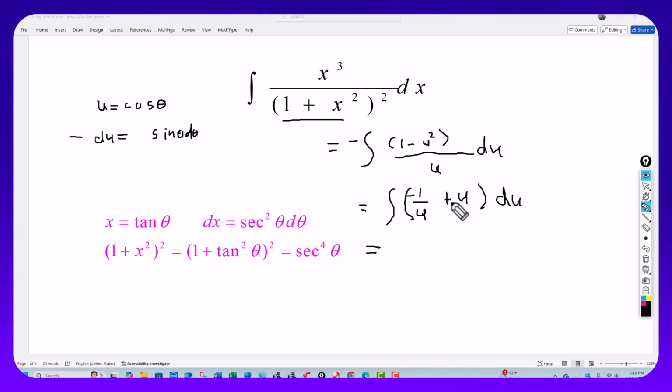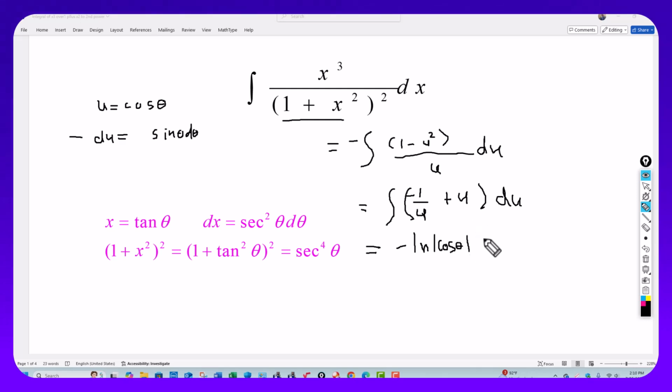Now we integrate with respect to u. So this is actually two integrals here. It'd be minus 1 over u du. So du over u, yes, that's your natural log. So this will be minus natural log of absolute value of u. But we've got to go back to the original variable anyway, so this is cosine theta. Well, actually, this is not the original variable yet, because we started with x, but we still have to go to the theta first.